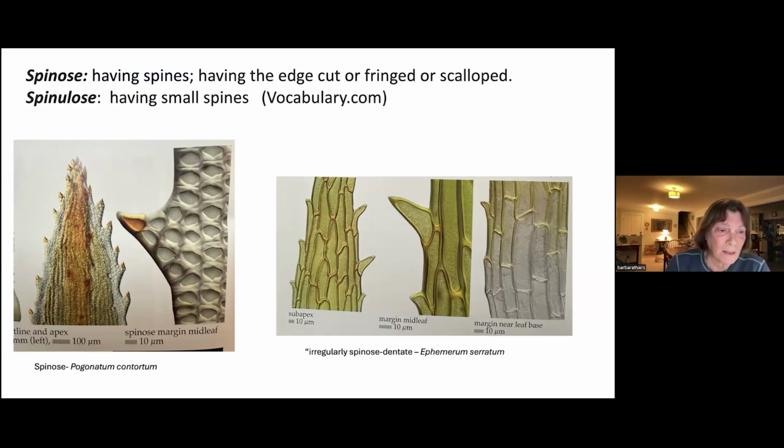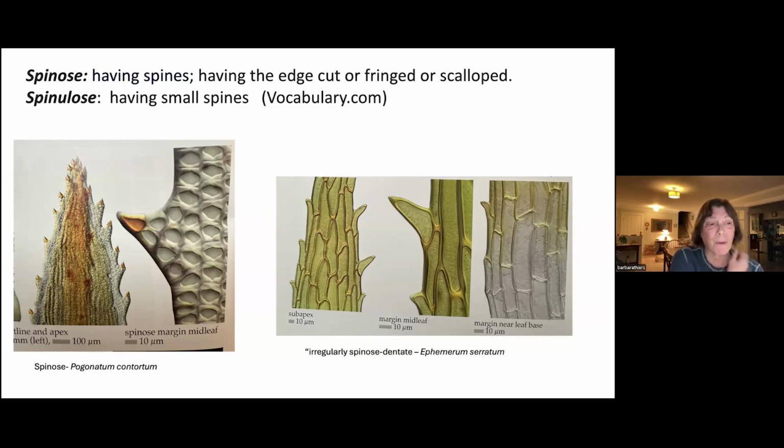So in Pogonatum contortum, you might say that's definitely a spine. However, some things described as dentate are multicellular. So it's a matter of degree, and it's again a matter of judgment and also perhaps comparison.